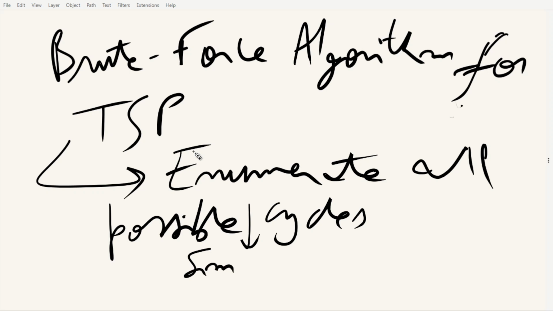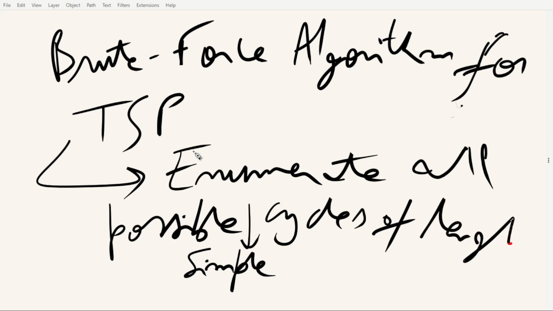A simple cycle means no city is repeated. Simple cycles of length n: just enumerate, find the total distance traveled and minimize it. So this is the brute force algorithm. Now how many possible cycles of length n can we have?